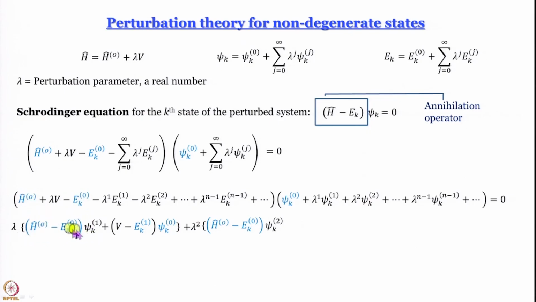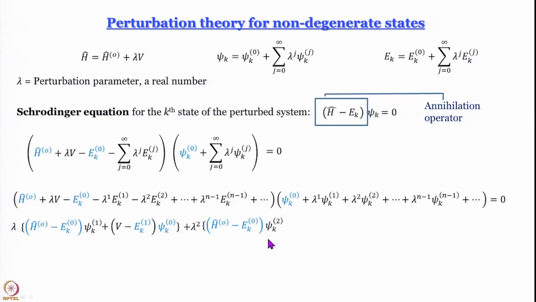So, exactly the same operator as the first term in the coefficient of lambda is observed in the first term of the coefficient of lambda square, same operator but different wave function. The wave function for the coefficient of lambda was first order correction to the wave function psi k first. The wave function for the first term in coefficient of lambda square is second order correction to psi.